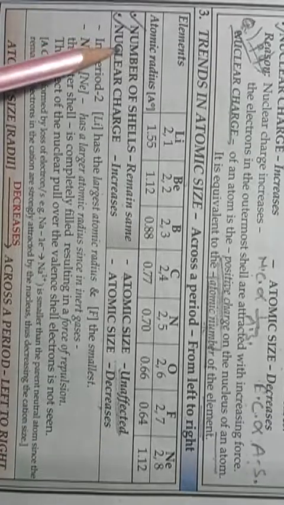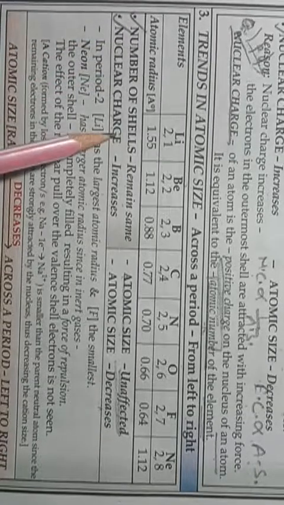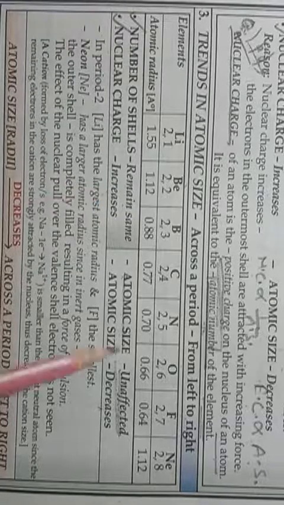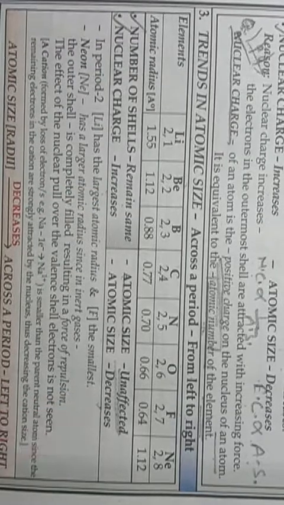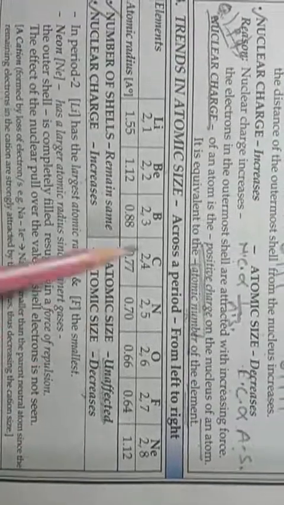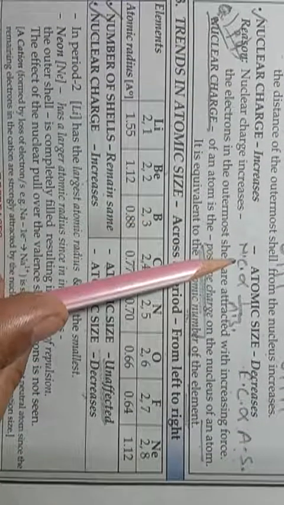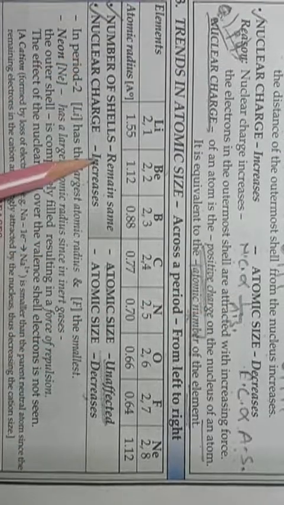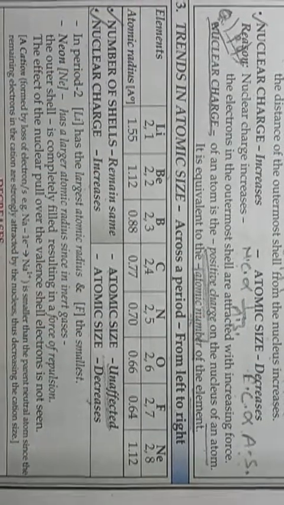But as we move from left to right in the period, nuclear charge increases, and that is why atomic size decreases, because I have already explained that nuclear charge is inversely proportional to atomic size. So if nuclear charge increases, atomic size will decrease.